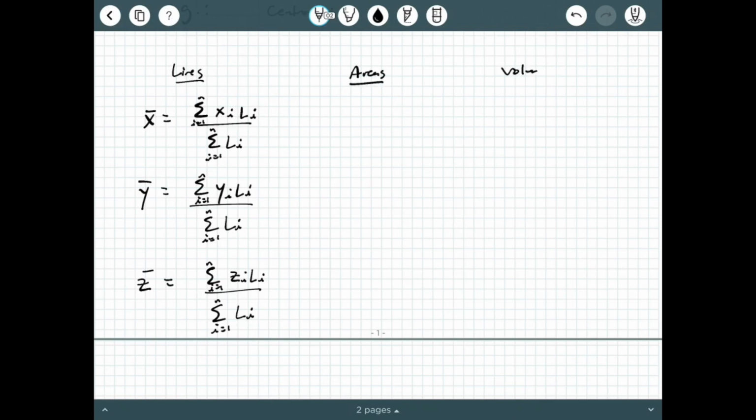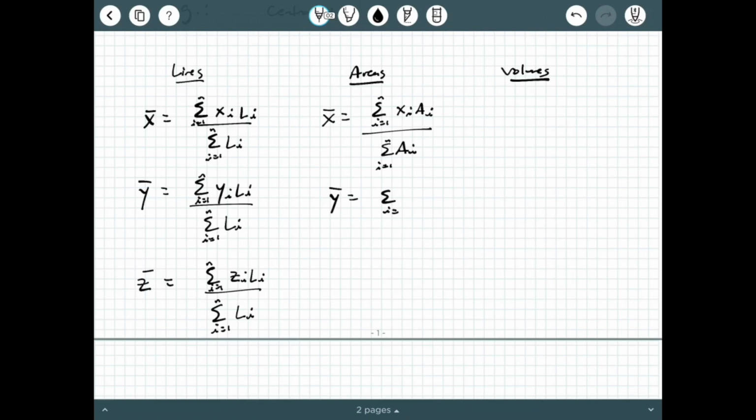And then, of course, we have areas and volumes. For an area, x bar is summation i goes from 1 to n of x sub i A sub i divided by summation A sub i.